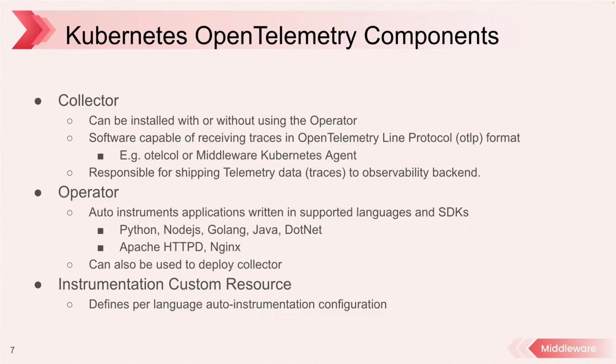So you can have customization when it comes to your instrumentation in this resource. And I'll go into detail a bit more about what this exactly means. I'll show you a sample configuration that will make it more clear.